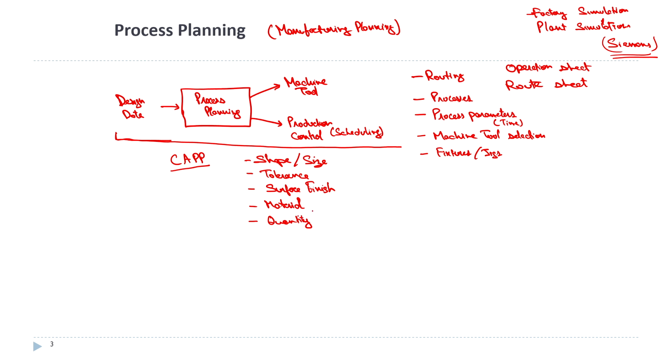When you are talking about the schedule or the routing for that, here urgency I will put as one of the points, that is, what are the priorities that you set for the product.